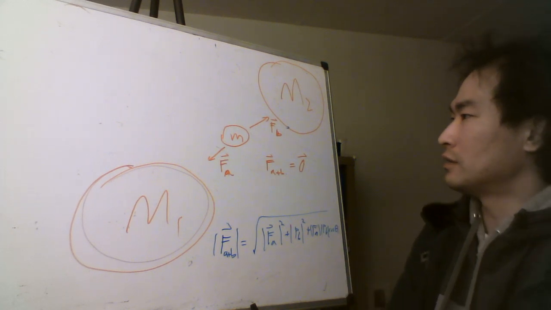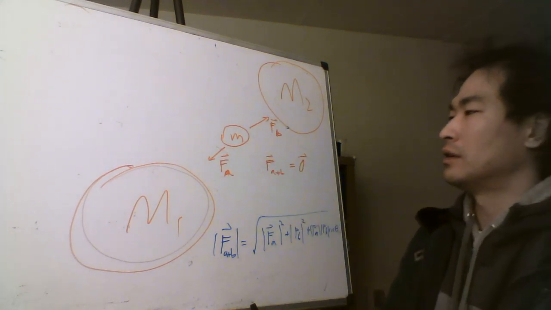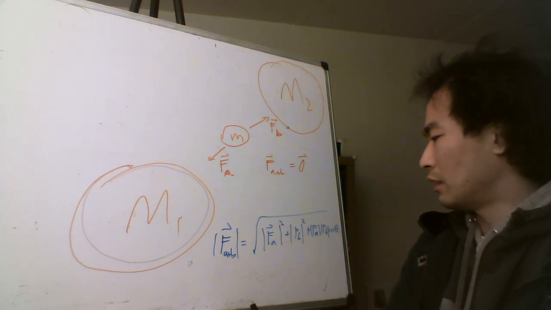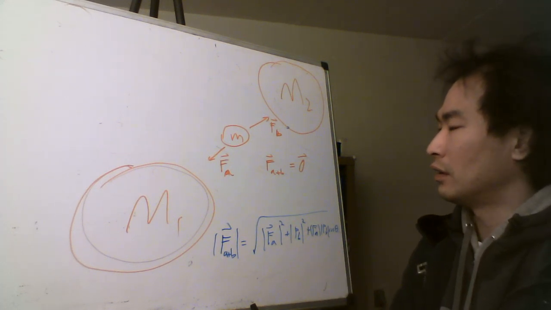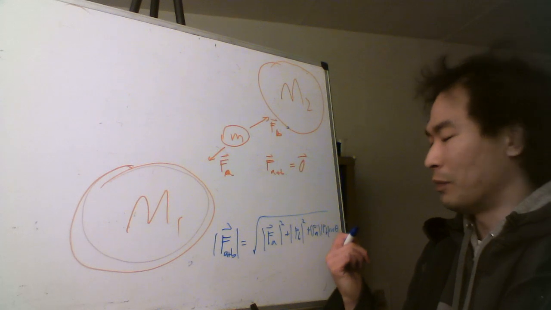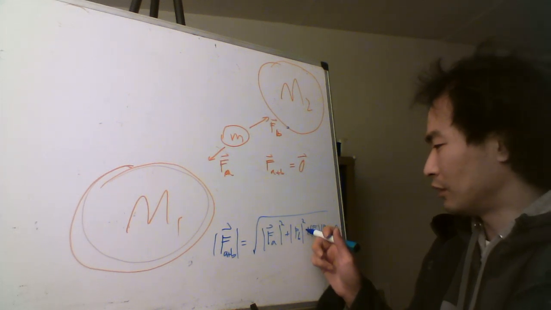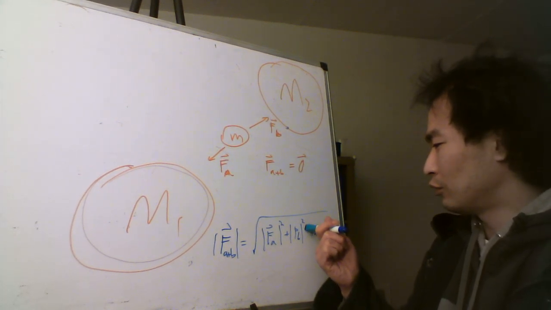And theta is 180 degrees, so cosine theta is minus 1. But we don't want it to be minus 1. I mean, I'm sorry, twice of this guy.